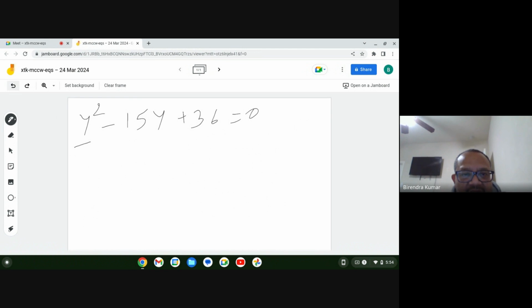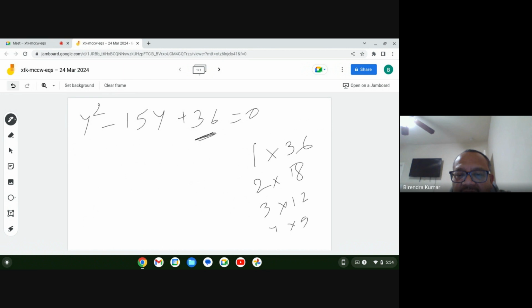How do we factorize? I have some square, I have something here, I have a constant here. I factorize this one. What are the different ways I can split this? I can say 1 into 36. I can say 2 into 18. I can say 3 into 12. I can say 4 into 9.